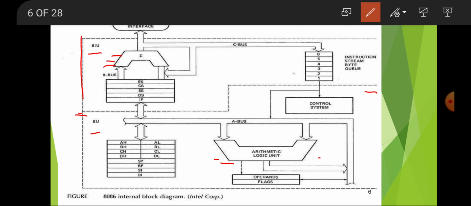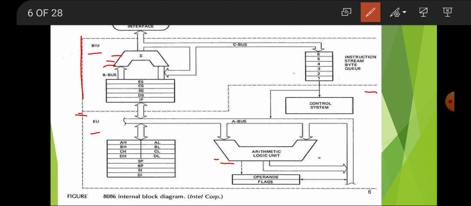Now we will start with the architecture of the 8086. Before going to the architecture, I will tell you that 8086 uses a pipelining structure. You might have learned this pipelining concept.